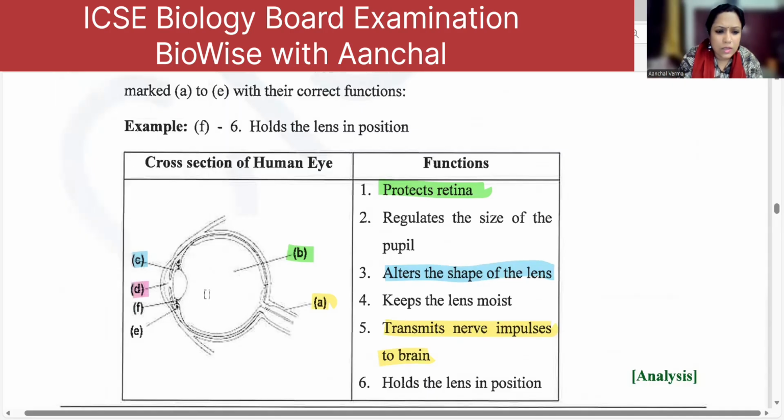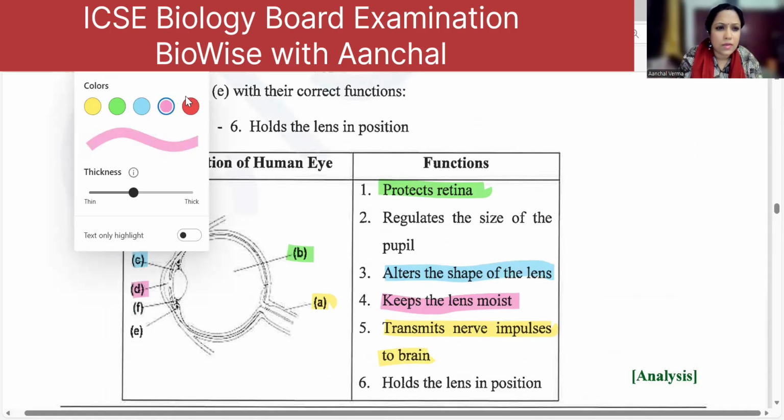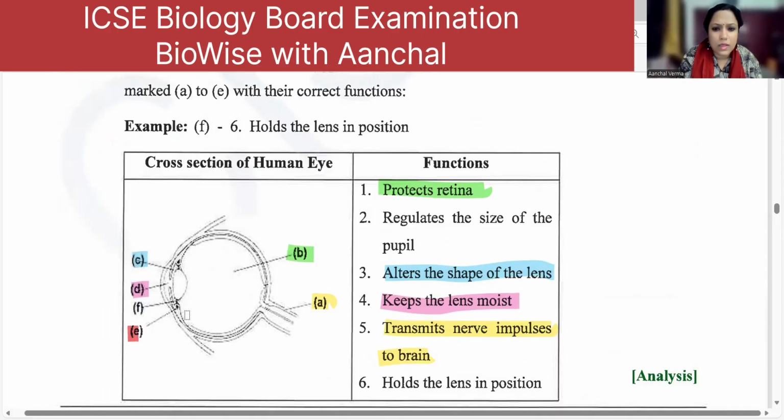What is D? D is the opening through which that is the aqueous humor. So aqueous humor keeps the lens moist, right? And what is E? E is regulating the size of the pupil. Okay? Regulating the size of the pupil.